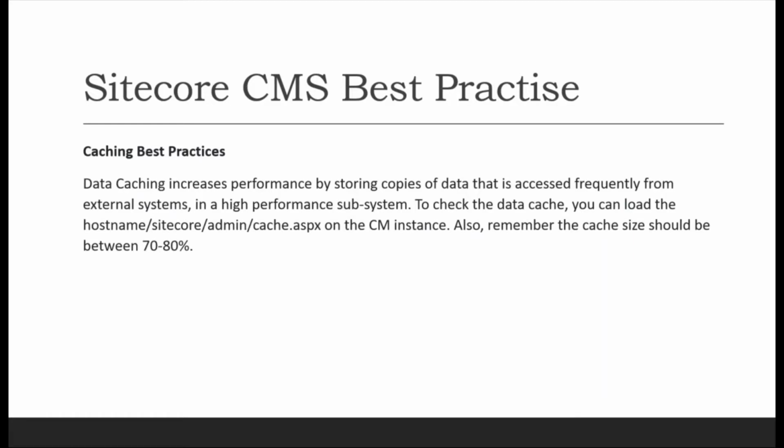If you enable the HTML cache or data cache at the rendering level, it will not directly hit the CMS database. It will render from the cache, so it will increase the performance of the website.